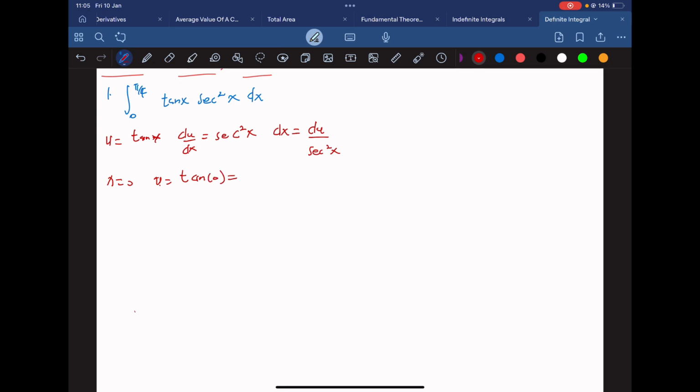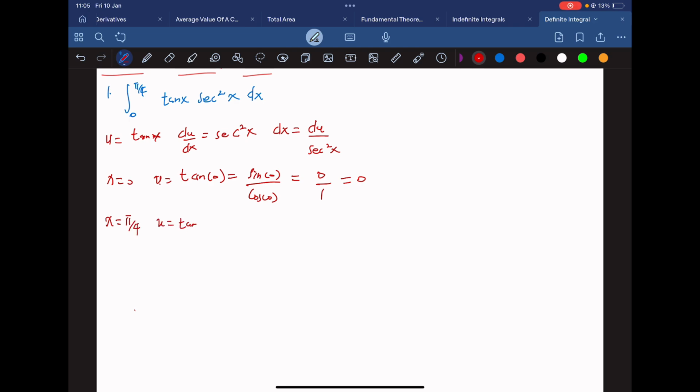And what is tangent of 0? Remember, tangent is sine over cosine. So sine of 0 is just 0, and cosine of 0 is 1. So in that case, we have 0 right here. Now, when x is equal to that upper limit, which is pi over 4, we have u equal to tangent of pi over 4.